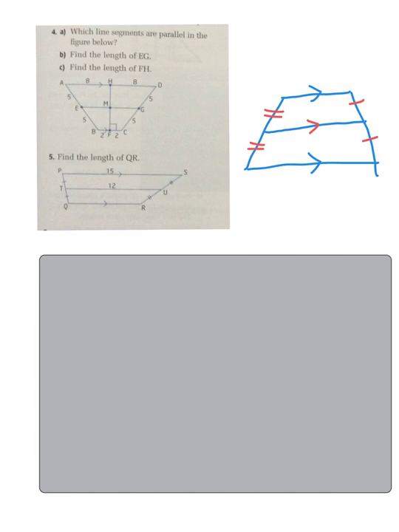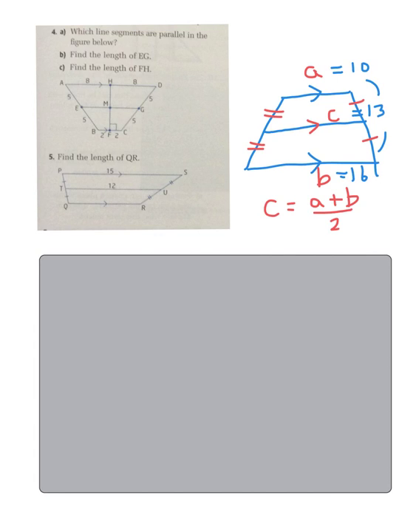But we also know that if this length is A and this length is B, then C will be the midpoint, the median, so that C equals A plus B over 2. So for instance, if A was equal to 10 and B was equal to 16, then C would be 10 plus 16, which is 26, divided by 2 would be 13. And it follows a little progression here, plus 3 and then plus 3, 10, 13, 16.